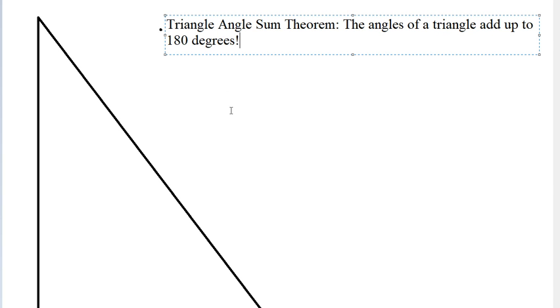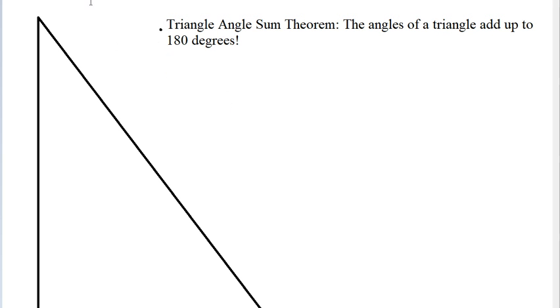So if this angle is 90 degrees and this angle is, let's say, wow, you are being very difficult to write with.